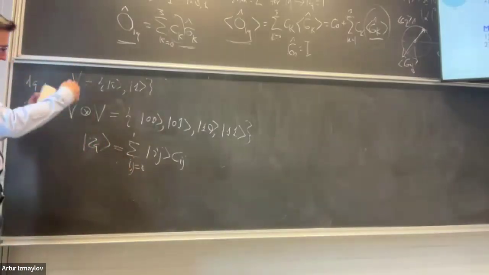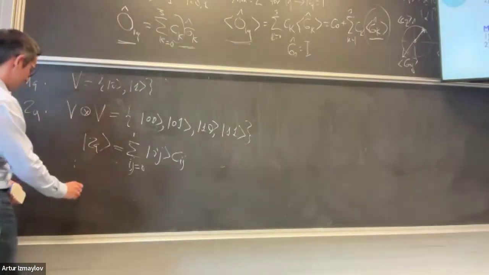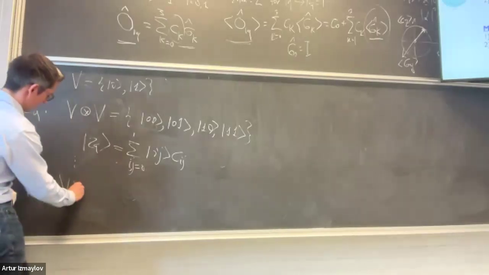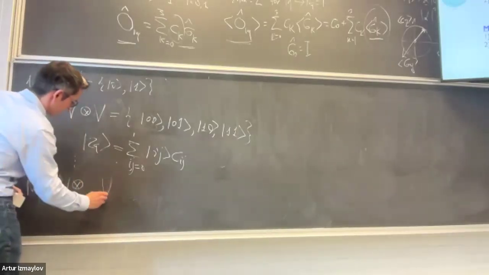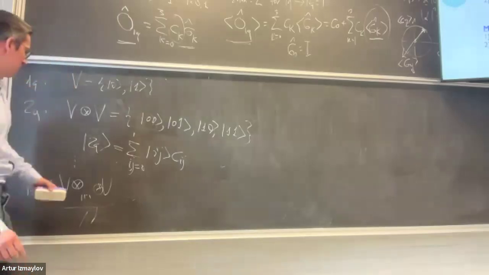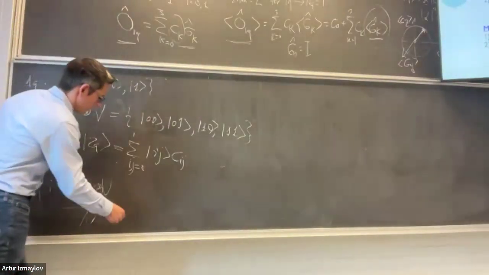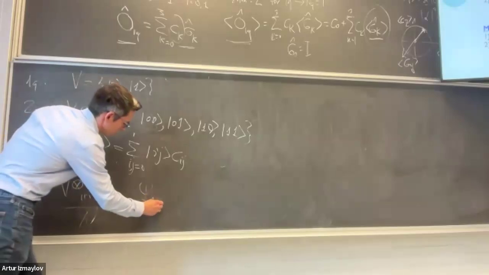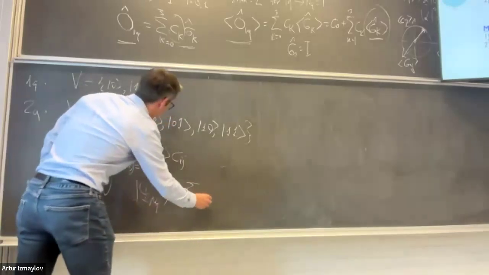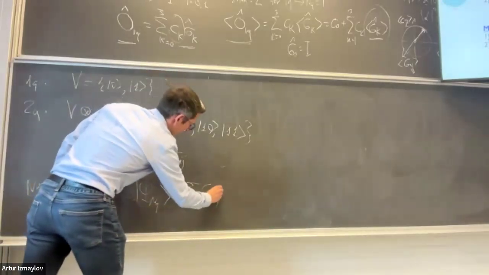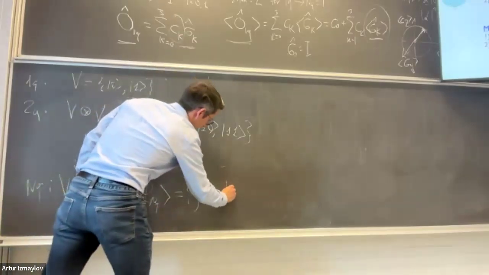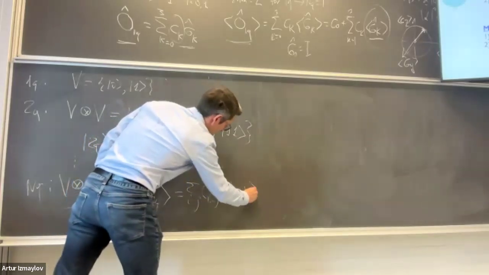Of course, this could be generalized to n qubits, where it's a tensor product of n linear spaces, and then the function of n qubits is just, as we know, a linear combination of C i1 to in.